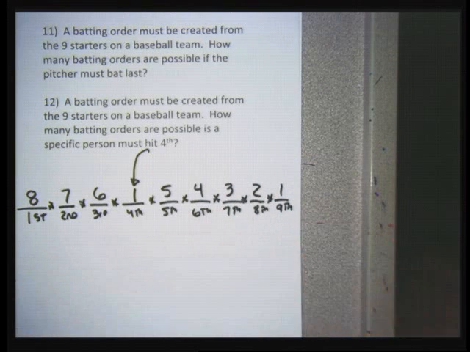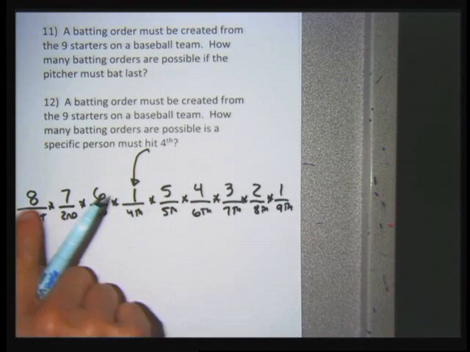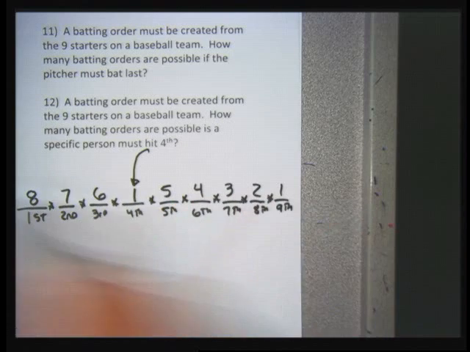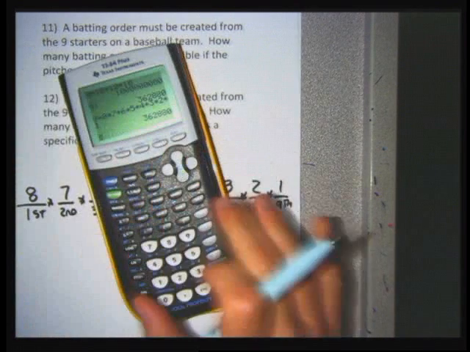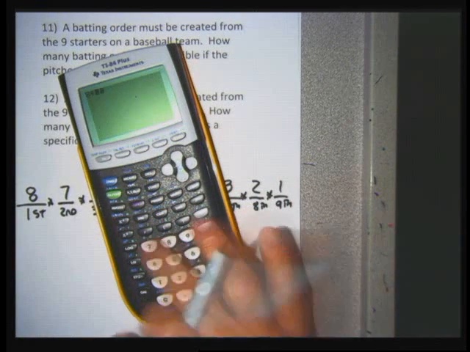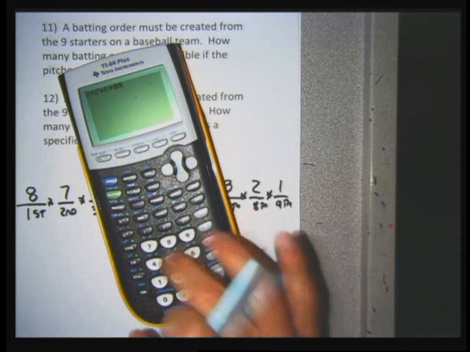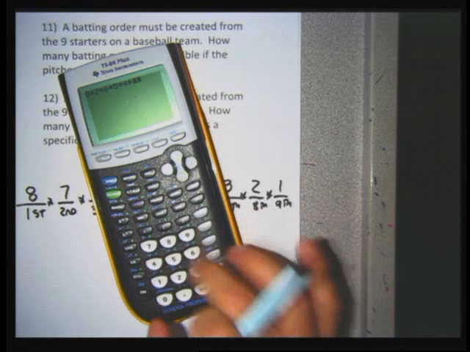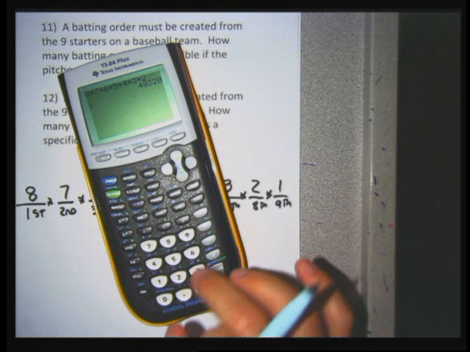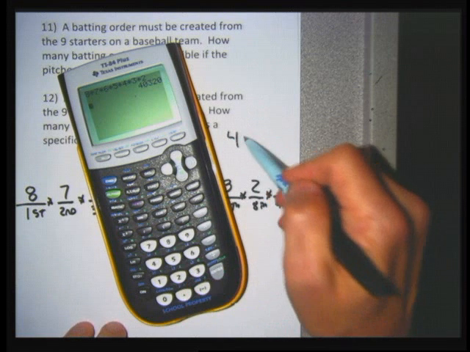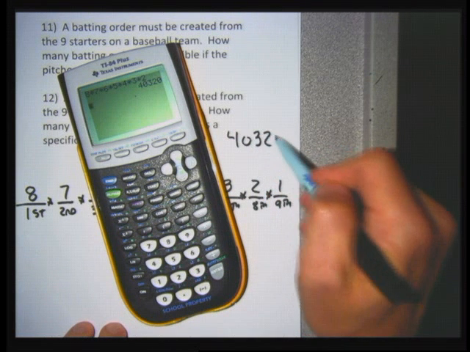The reason I'm going down each time I place one is that I have 1 fewer person to pick from. That's actually 8 factorial, but I'll just do this. I won't use the 1, so I'm going to go 8 times 7 times 6 times 5 times 4 times 3 times 2. And you get 40,320. I think you'll get the same answer for yours.